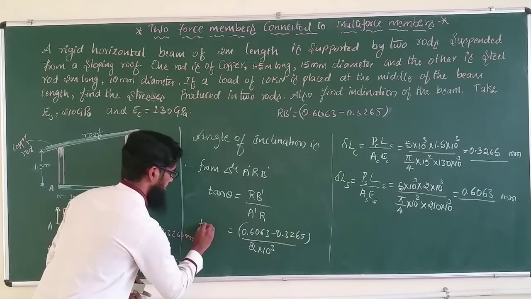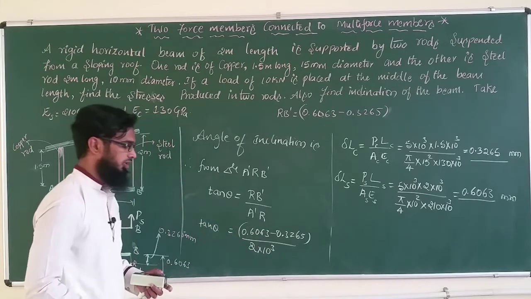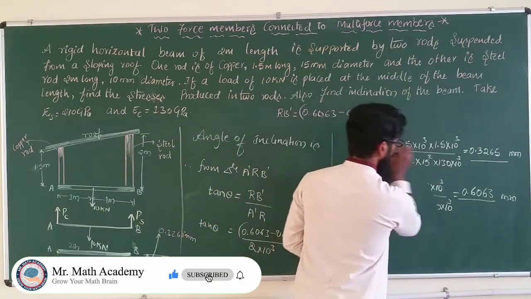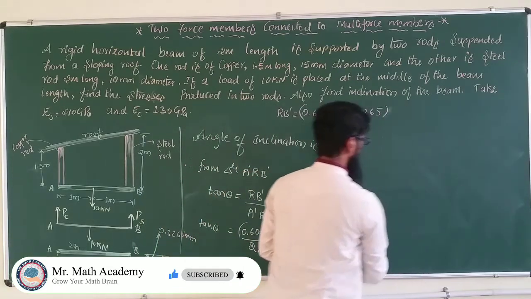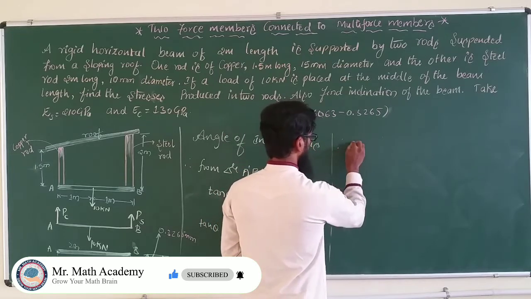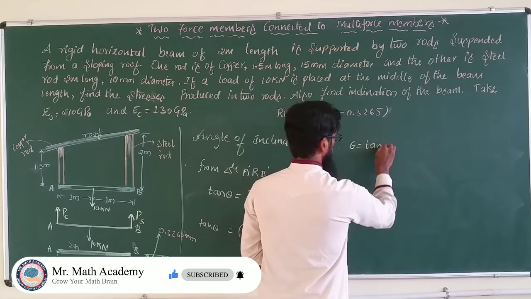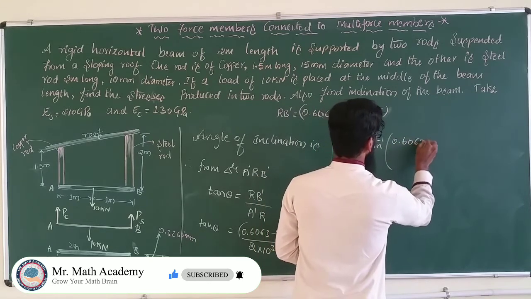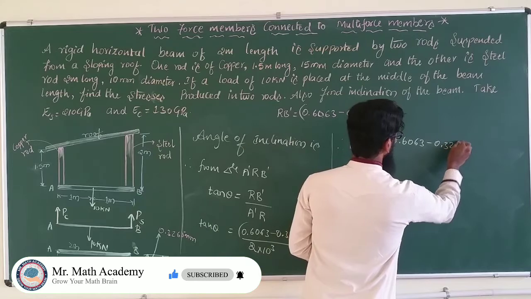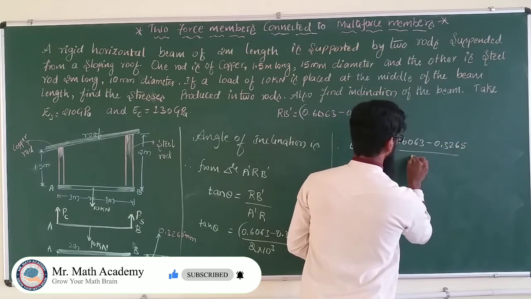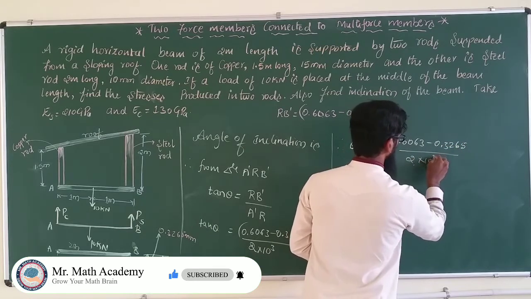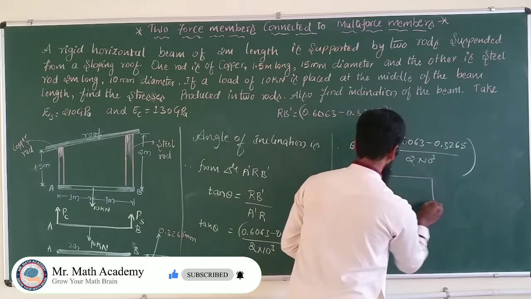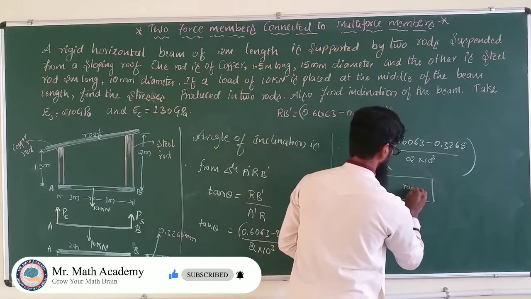If you simplify tan theta and take the inverse of that answer, I can get theta. Therefore, theta is equal to tan inverse of (0.6063 minus 0.3265) by 2 into 10 power 3. Theta is some value in radians.